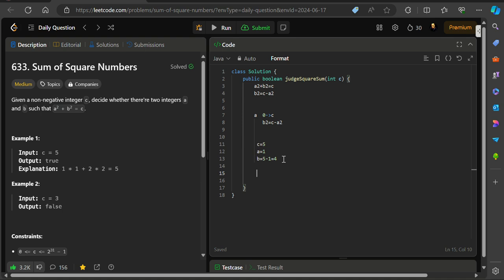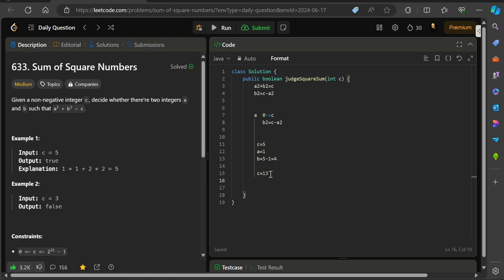So let's take another test case. Let's say a is 2 and b is 3, it will yield something like 4 plus 9, it will be 13. Let's say c is 13, we have been given c equals to 13. Sorry, I didn't come up with any other test case.